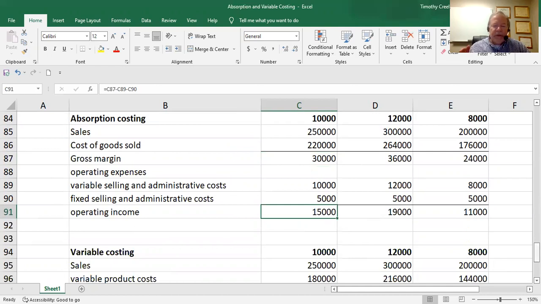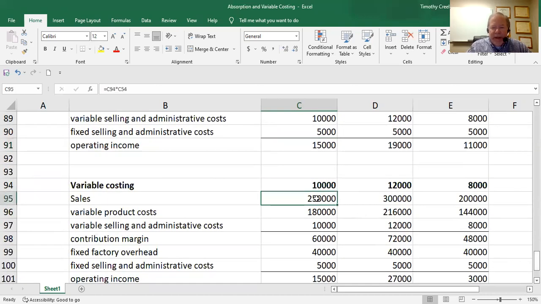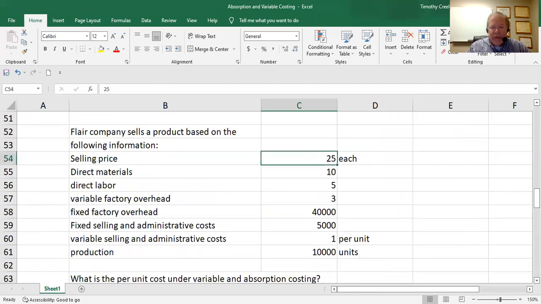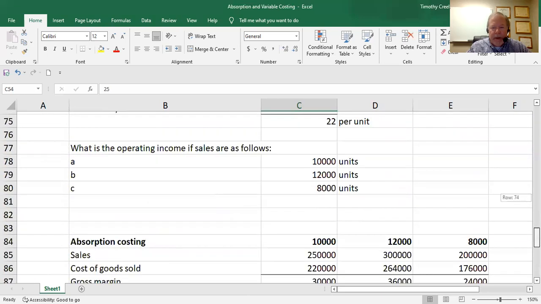Now, if we were to do the same thing with the sales being the same amount, 10,000, under variable costing, what would our operating income be? So again, the sales would be calculated the same way: the number of units times the selling price of $25 per unit right here.